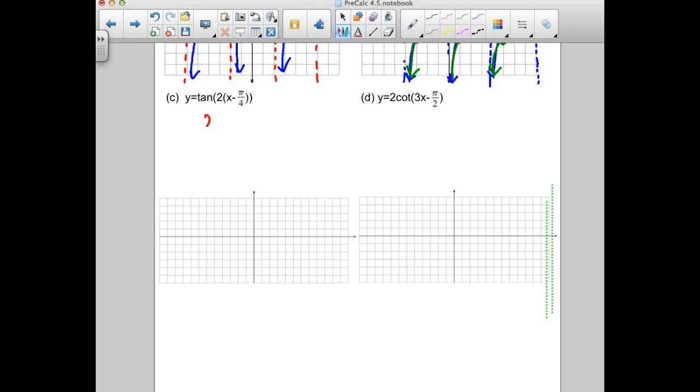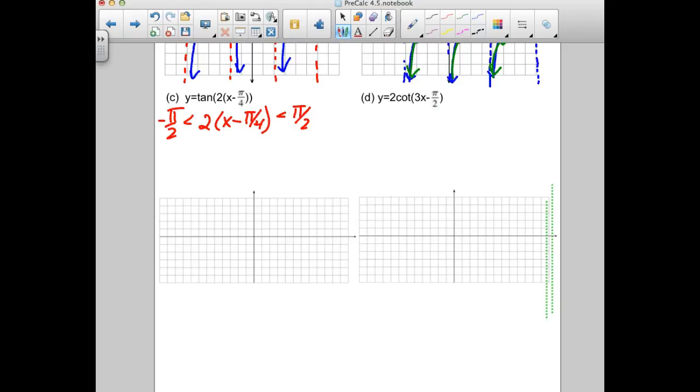We have 2 times x minus pi over 4. And normally tangent starts and ends where? Yes. From negative pi over 2 to positive pi over 2. How are we going to solve for x here?